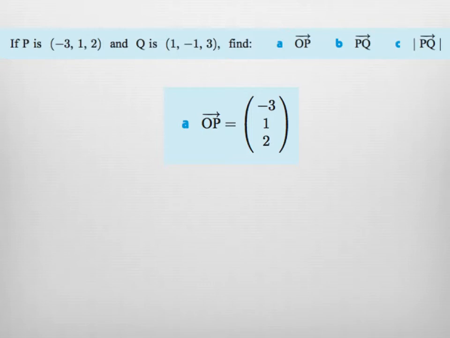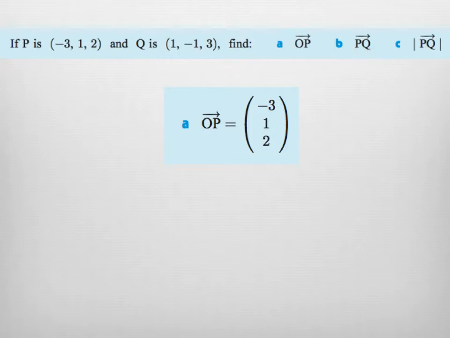Anytime you're looking for the position vector, remember that this is the position vector of P from O. Then you can just write the coordinates in a vertical form. Part B says find now the vector PQ.